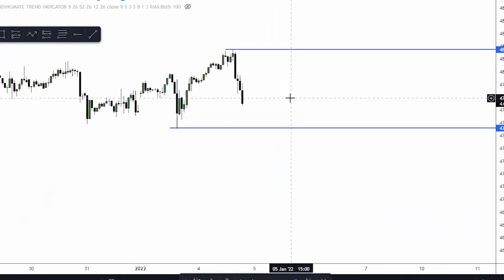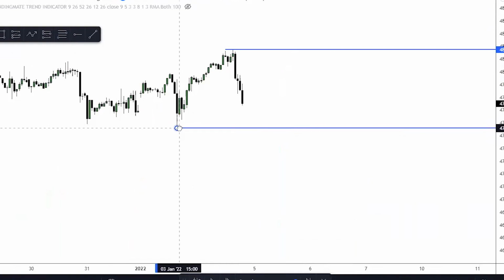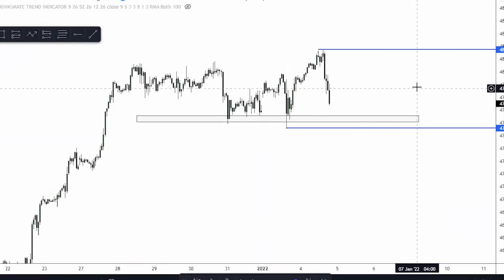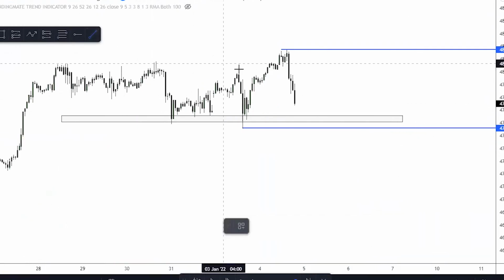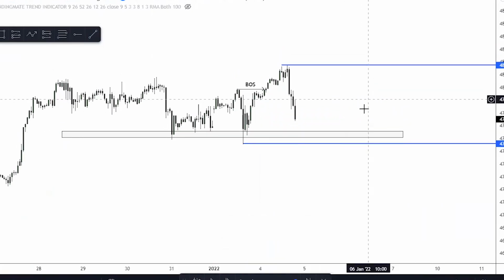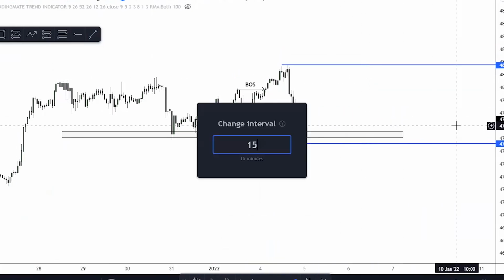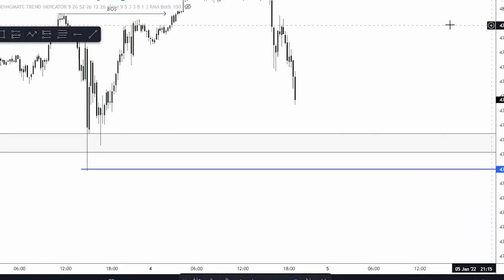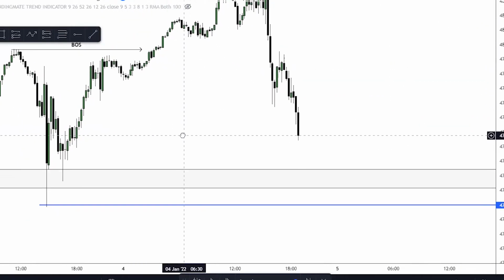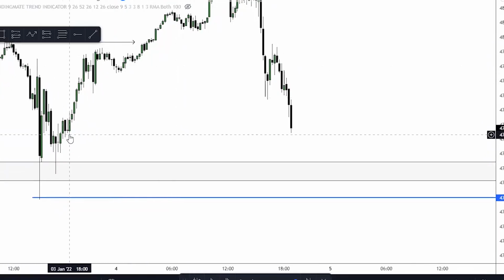So let's move back to the 1 hour time frame and look for the key level. So key level here, clear break of structure here. So let's move back to the 15-minute time frame to identify the order block. Let's see, you can see this one right here is good.